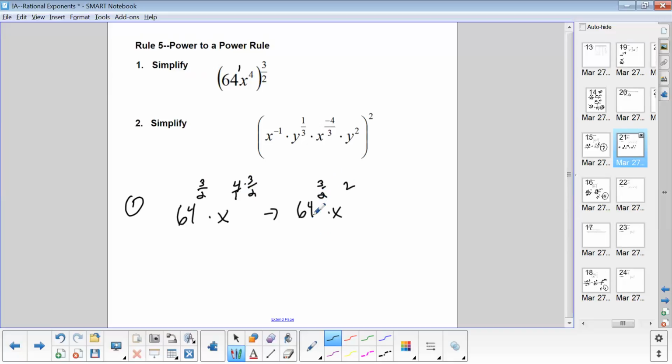So 64 to the 3/2 power, in radical form, would be the square root of 64, but take the result to the 3rd power, and multiply it by x squared.